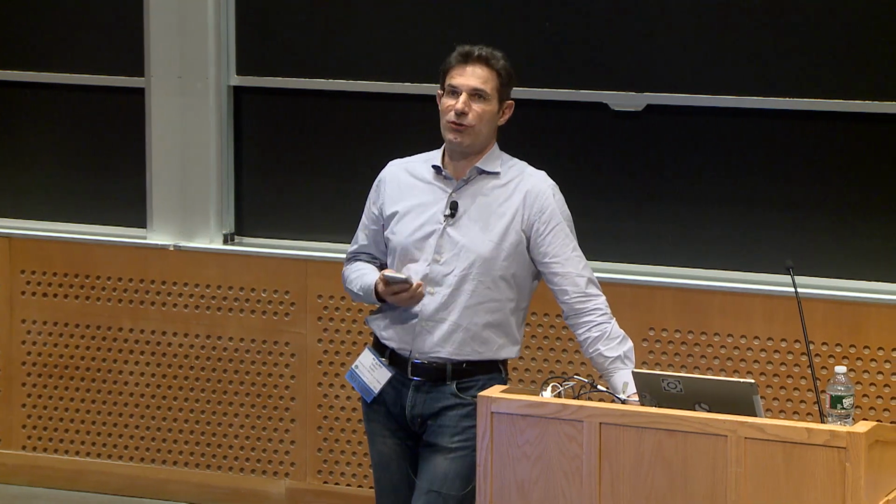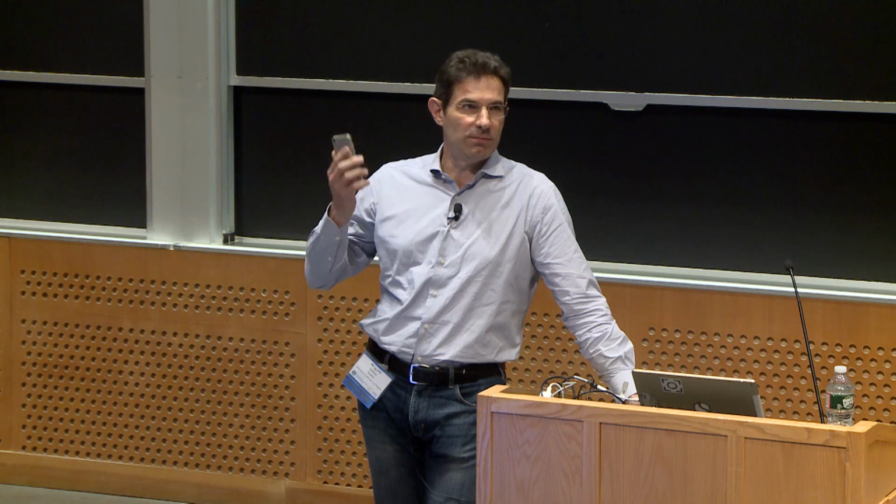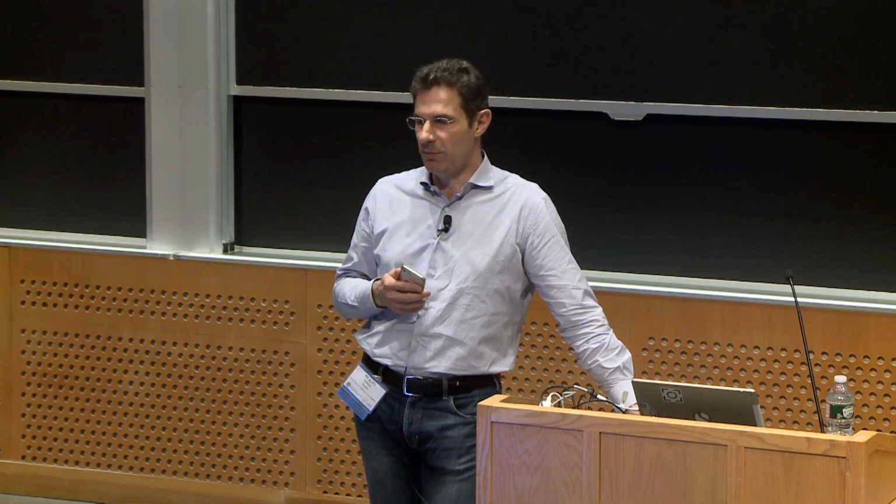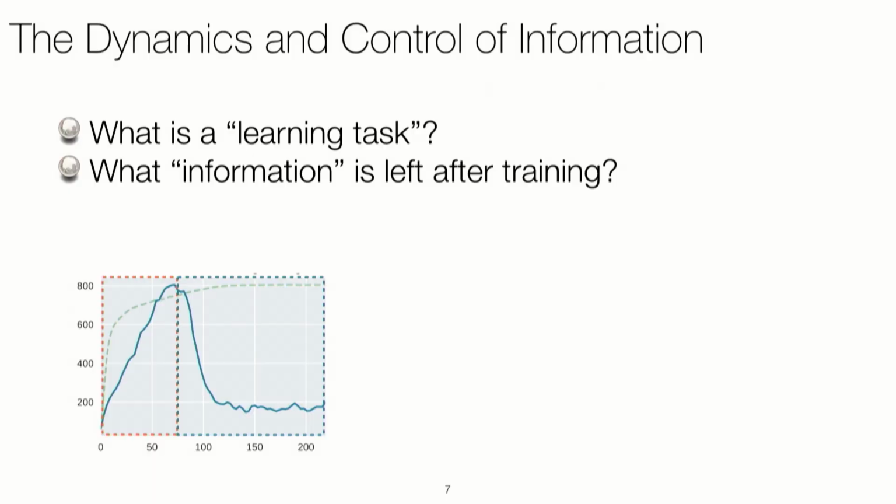But if you actually measure that, and how you measure information in tens to hundreds of millions of dimensions requires a different talk, you observe something like this. Okay, this is, again, bizarre. So what you observe is that in the first few epochs of training, the network acquires a lot of information, okay, very rapidly, and then at some point it starts throwing it away. So it starts forgetting, okay?